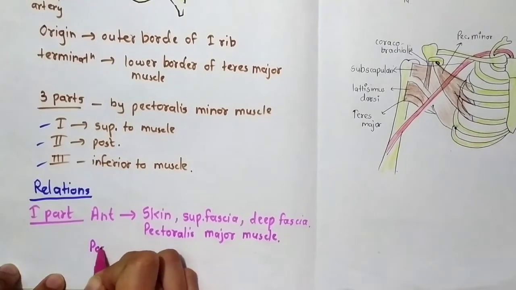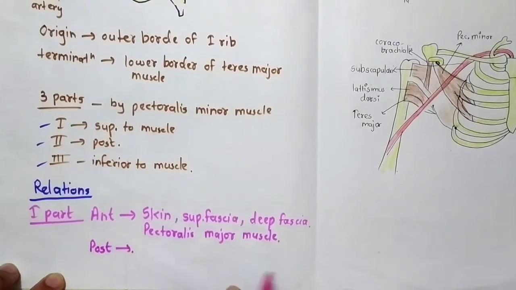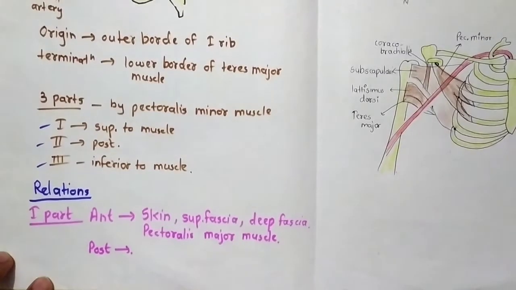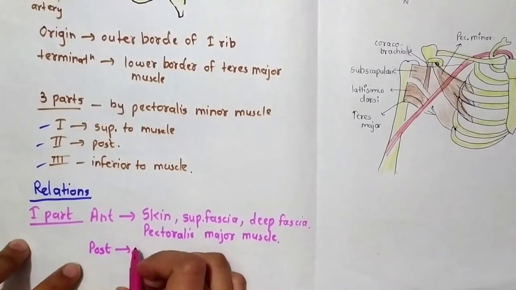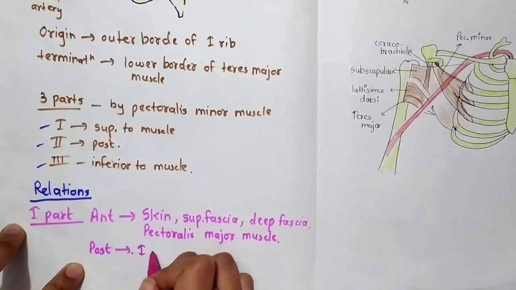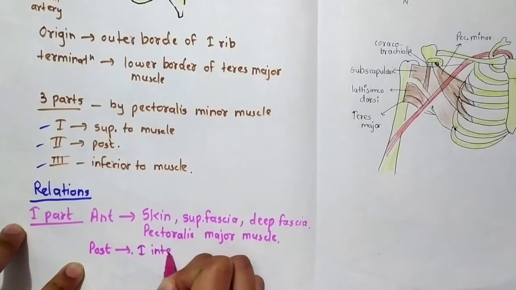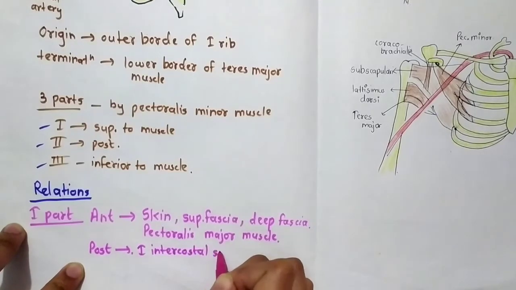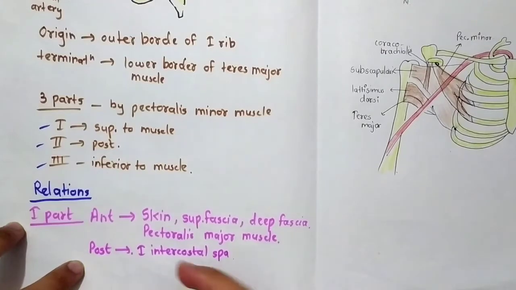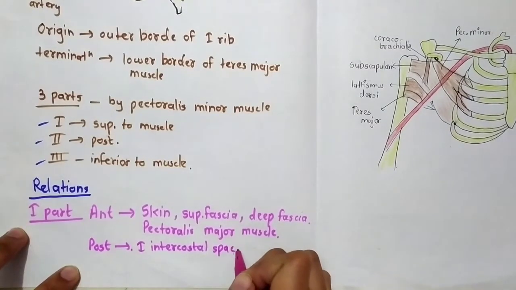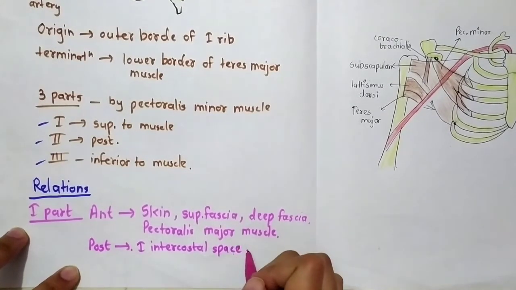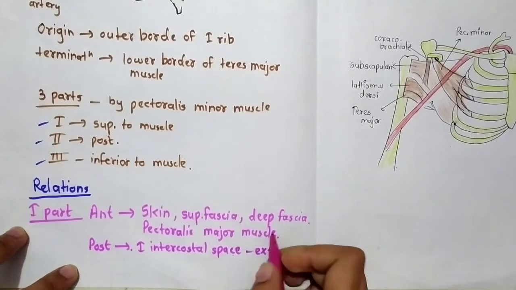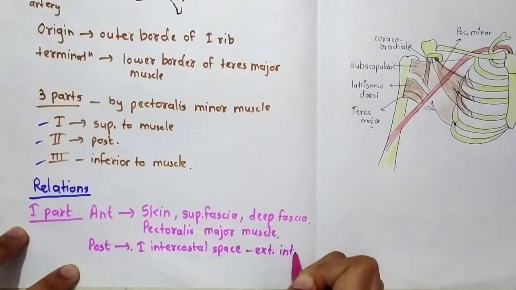In the posterior relation there is the first intercostal space, that is the space between the ribs, and also the external intercostal muscle.